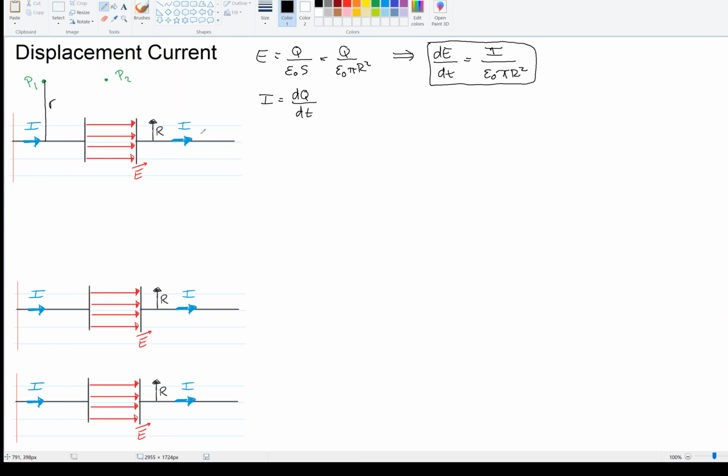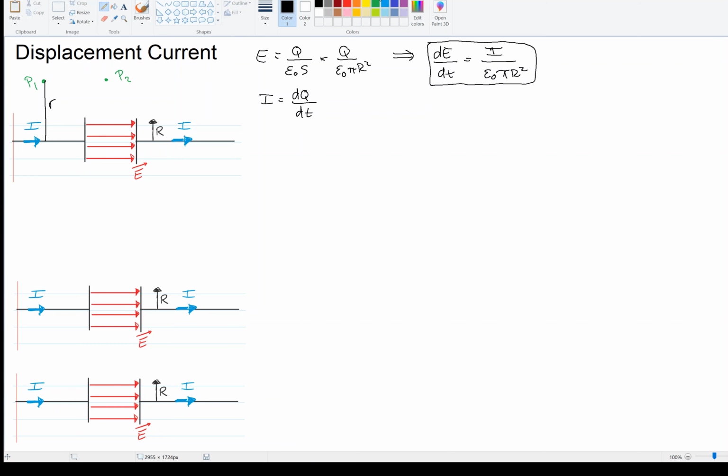Remember that this current carrying wire creates a magnetic field that's swirling around, right? And so you might consider the magnetic field at P2 is going to be a little bit smaller just because of this gap in current, but otherwise it should be very similar to the magnetic field at P1 because the current is here and the current is here and it's swirling around.